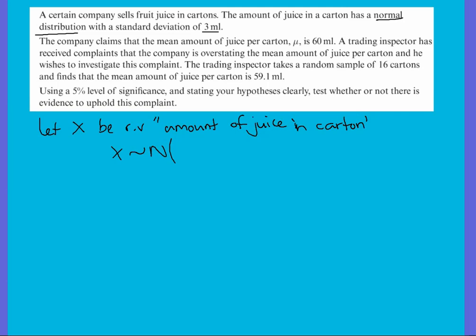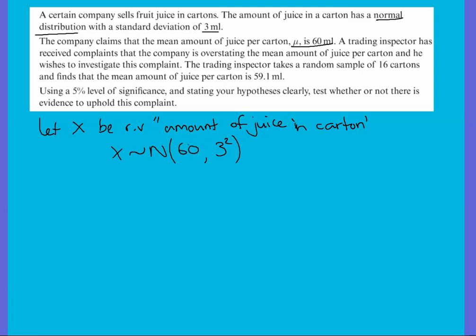We haven't got the mean yet, so if we read on we might see that, but at the moment we've got a standard deviation of 3, so we want the variance as our parameter, so we write it like that. We don't actually square it because in our calculations we're going to be using the standard deviation, so it's handy to write it this way. You could write 9, it wouldn't be wrong, but it's just not helpful for later. Now the company claims that the mean amount of juice per carton is 60, so now we have that in there. So we have the whole distribution model.